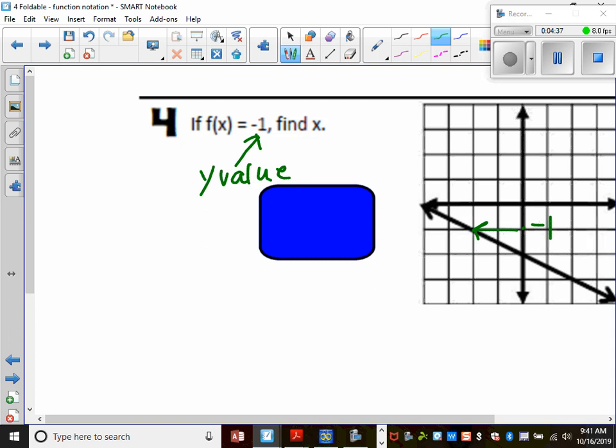And what is x? Negative 2. So I'm going to say f of negative 2 equals negative 1, because remember, x goes in the parentheses. So f of negative 2 equals negative 1. So the coordinate would be negative 2, negative 1. Okay. All right, moving on.